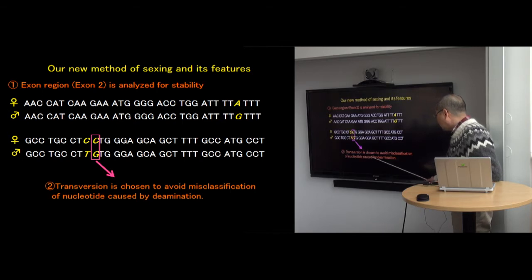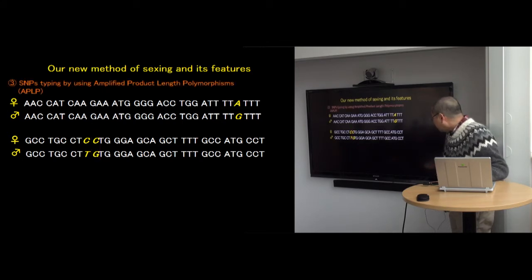A transversion site is chosen to avoid misclassification of nucleotides caused by deamination, which is frequently observed in ancient materials. And the next feature is the technique that can identify the base changes. We developed a technique called amplified product length polymorphisms.